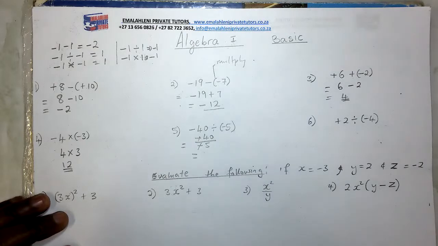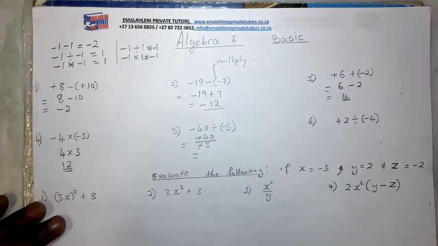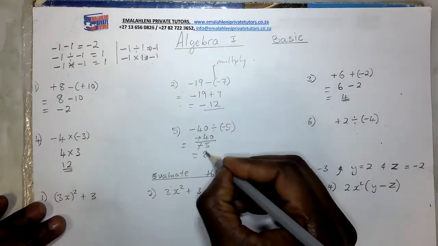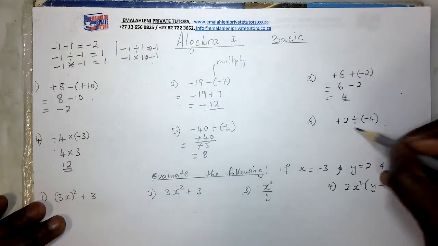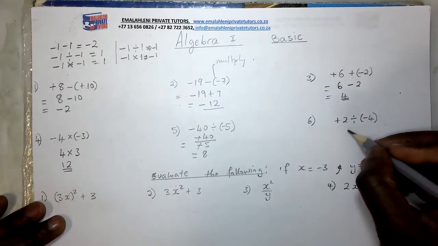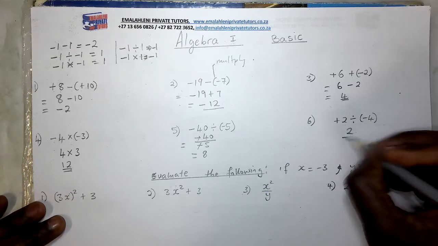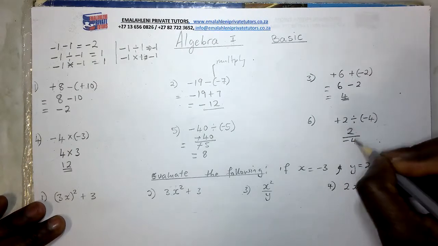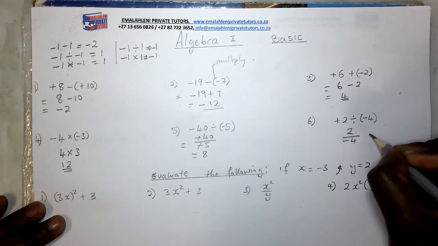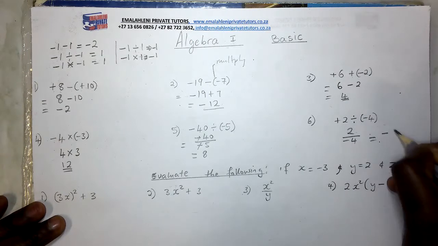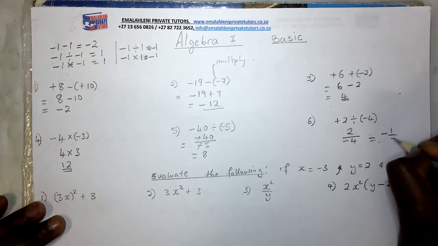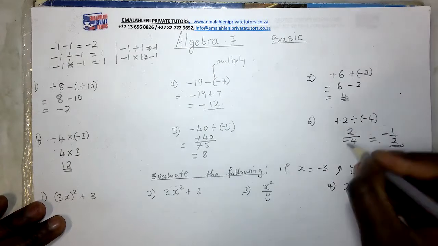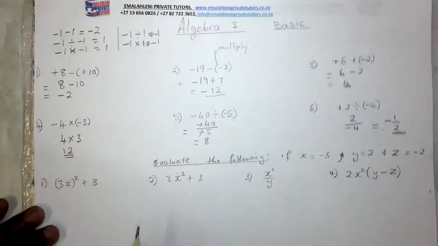Do we get 8? Then when we have minus 2 divided by negative 4, what do we have here? We're going to have 2 into 4, we have 2. So your answer here is going to be minus 1 over 2, because we have a negative only 1 here.